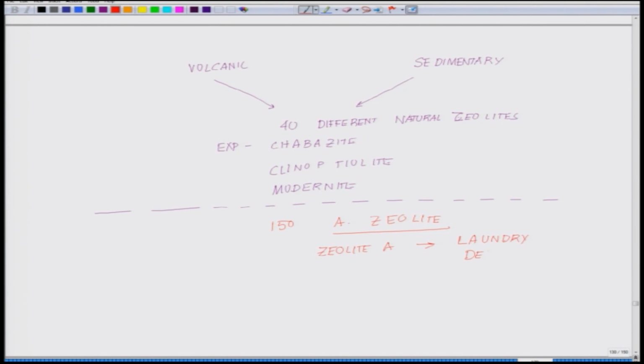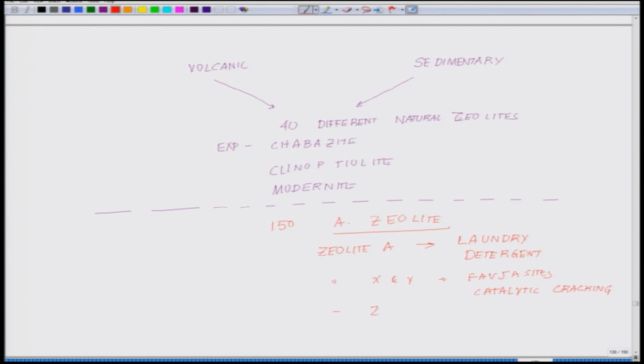Okay. Then you have zeolite X and Y, which are also called faujasites, which are used for catalytic cracking. We will come to what this catalytic cracking is all about.